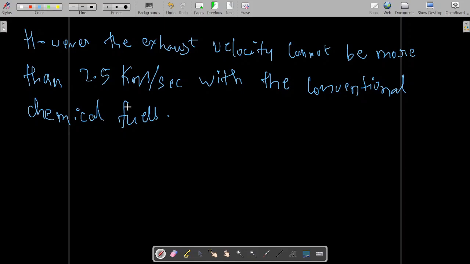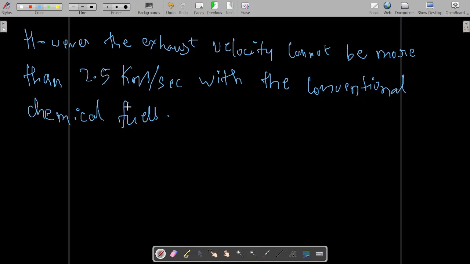So the exhaust velocity of the gases with respect to the rocket, that is u relative, with the current technology, we cannot have u relative to be greater than 2.5 kilometer per second.